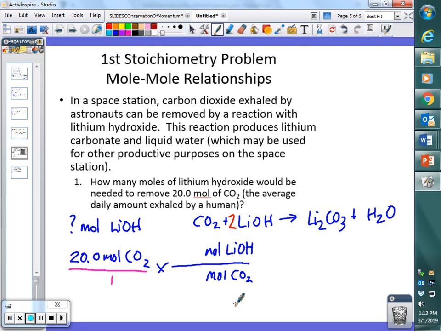What part of the chemical equation tells us the comparison of moles of one thing to moles of the other thing? What part of this chemical equation allows us to compare the amounts of one thing to the amounts of the other thing?